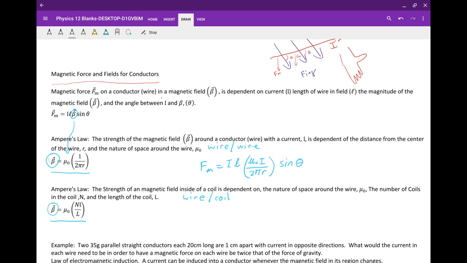Now, as it turns out, if you're using the angle between the wire and the other wire, you actually use a cosine here, all right? But you use sine if you're using wire and field, okay?